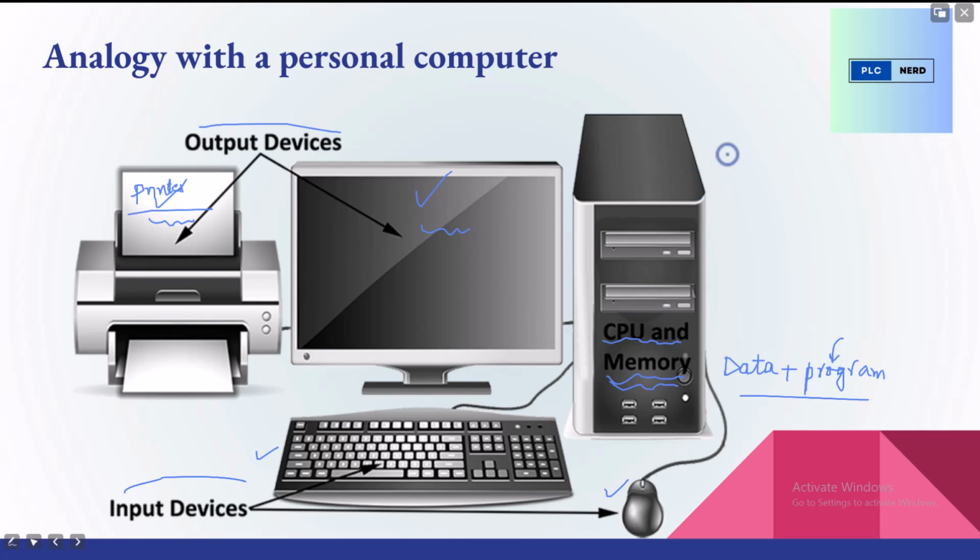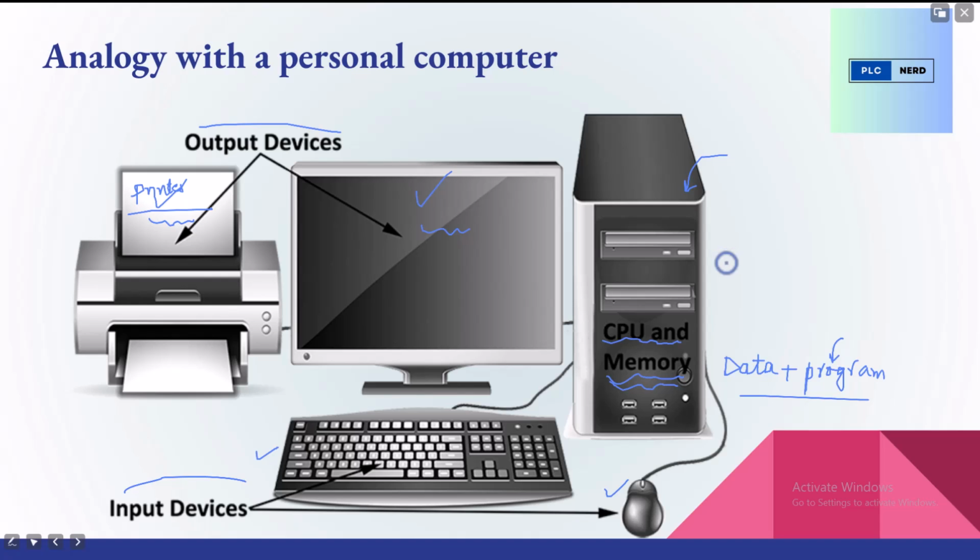And the power supply unit is also installed in this CPU cabinet, which supplies power to all these devices like CPU, memory, keyboard, and some input devices, etc. So this is pretty simple and you may be familiar with it.